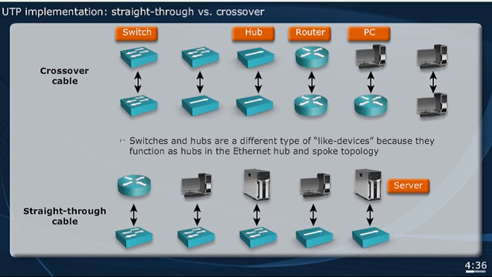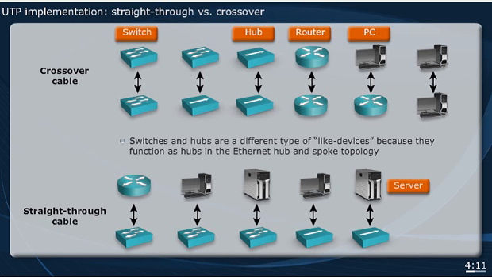Let's think back to our physical topologies. Specifically, the star topology. What did we see? We saw a central device in the middle, which was our hub. Not a physical hub, but it could be a switch.